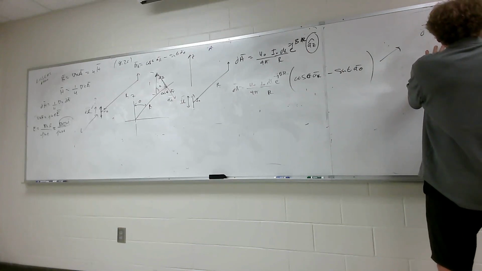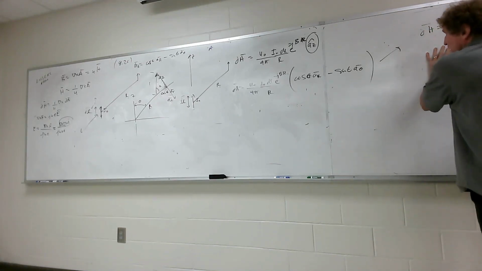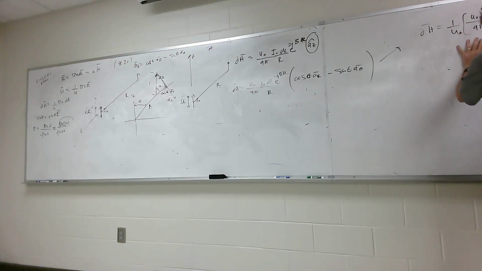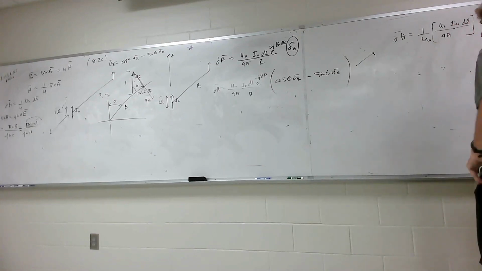So I can take the mu 0, you can see mu 0 becomes a non-item, over 4 pi. You have I naught coming out, and with dl, dl in here. That's this part, and now we have to take the curl of this.